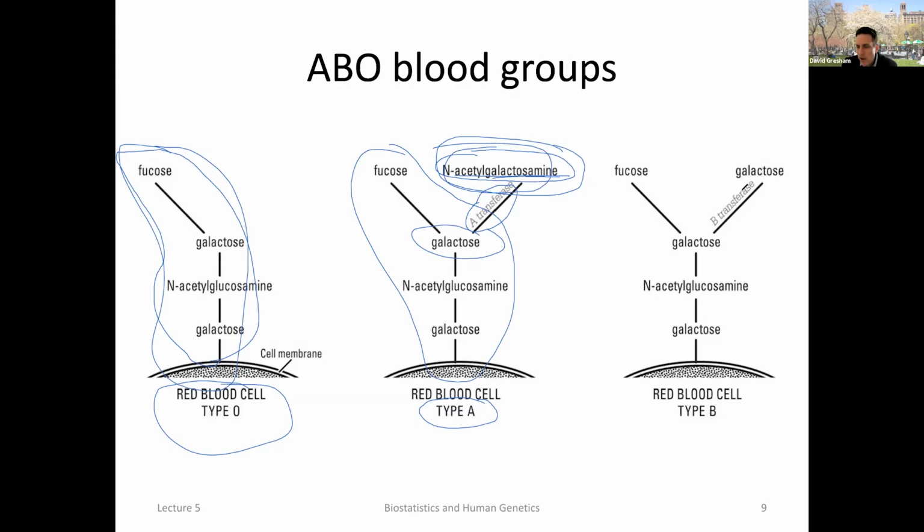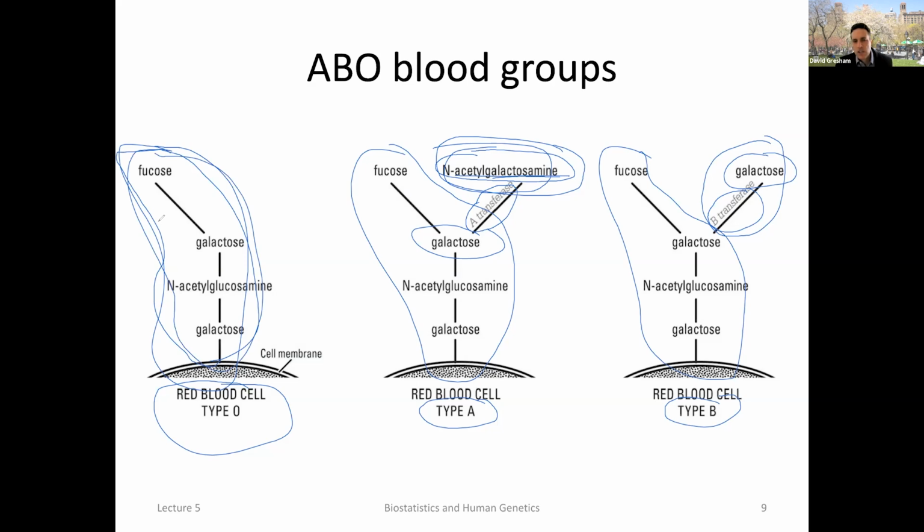By contrast, if you have the B allele, then you attach a galactose. That one I can say easily. If you have type B blood, then you have the galactose attached to, again, this backbone. That is the backbone found in all individuals and is found in type O. So this is how the ABO blood groups work.